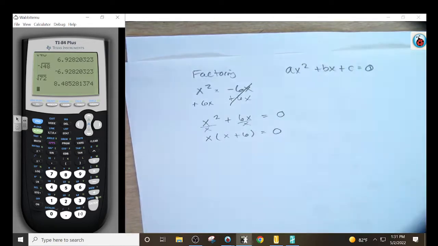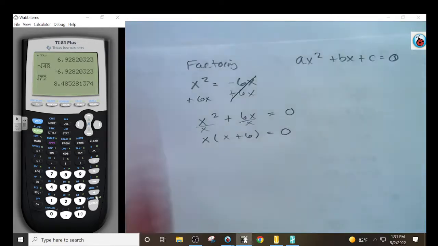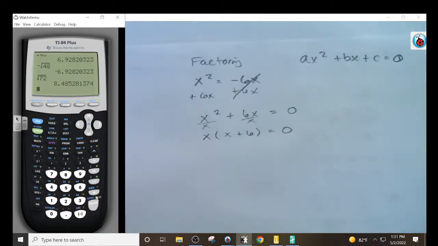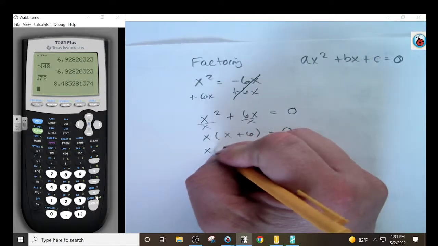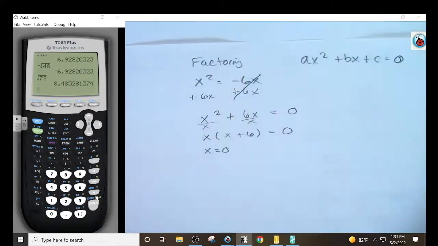So I just factored the x out of it, and that left me with x times x plus 6. Now, anything that has an x has to be set equal to 0. Well, that's x equals 0, that x right there, okay?